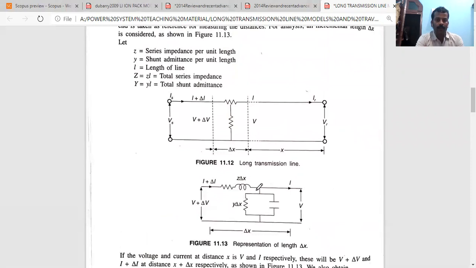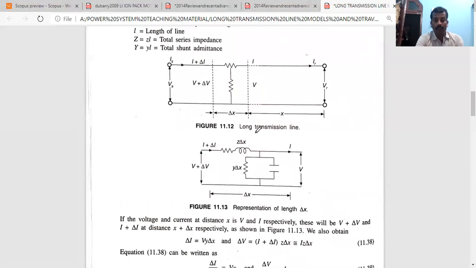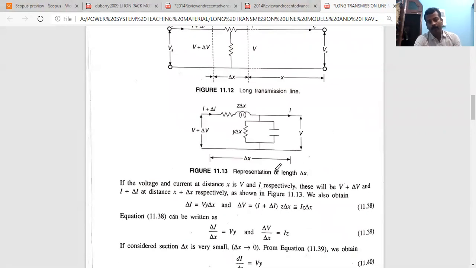If the per unit series impedance is Z and the per unit admittance is Y, then for the delta x section, the impedance will be Z into delta x, and Y into delta x will be the admittance for the shunt section.